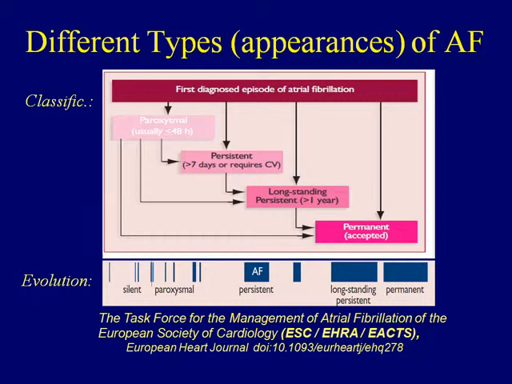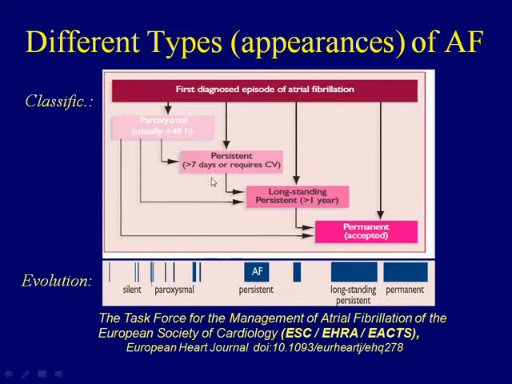Now, the classification of atrial fibrillation as it is now presented by the associations in Europe is that you can use the symptoms as a base. When you see a patient, he presents either with the first episode, because we do not know his history, or he has repetitive episodes. If they are short-lasting, less than 48 hours, the individual episodes, then we call it paroxysmal.